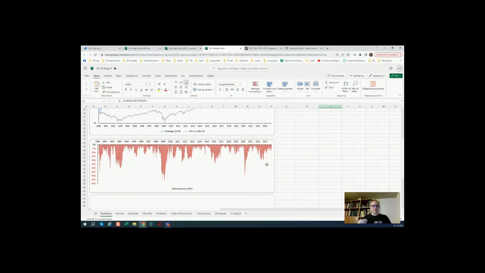So, as I said at the beginning, all strategies have hard times. There are conditions in the market that we cannot either predict or mitigate in any way, and all strategies have their weaknesses. What we are trying to do here is to make strategies that are as capable to handle the drawdowns as possible.